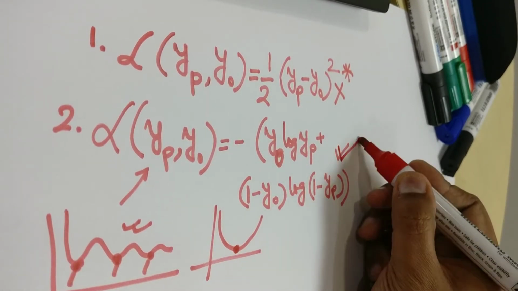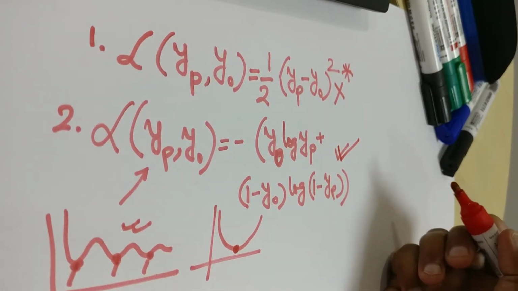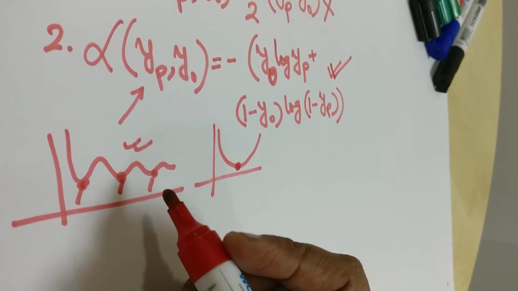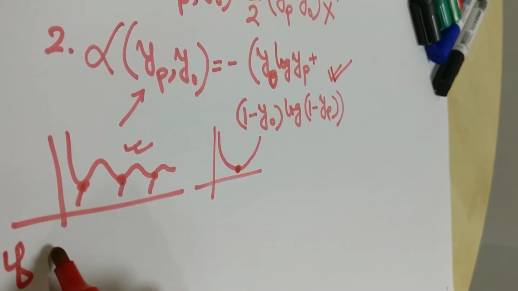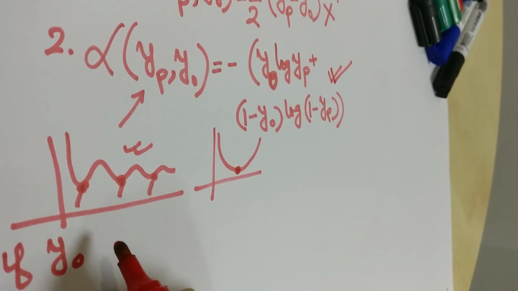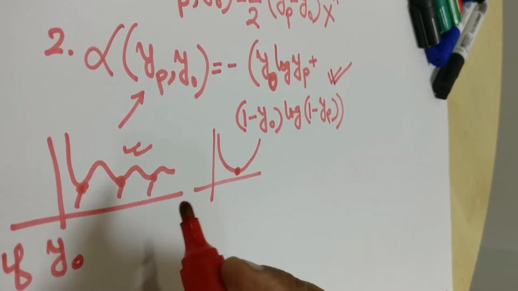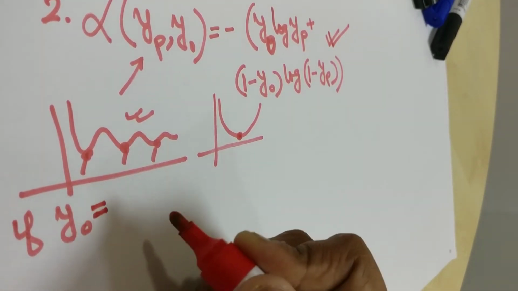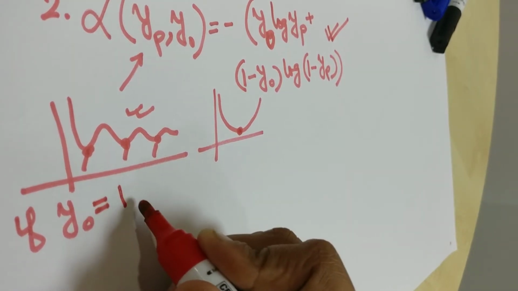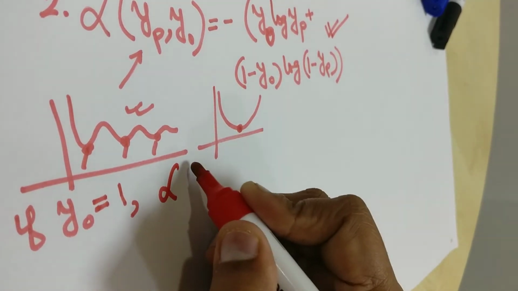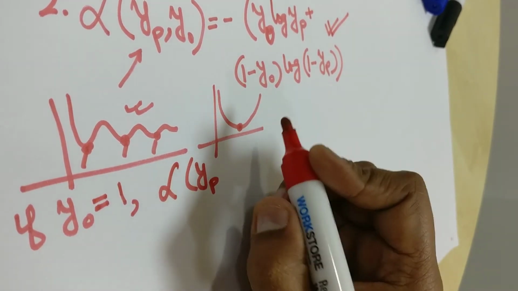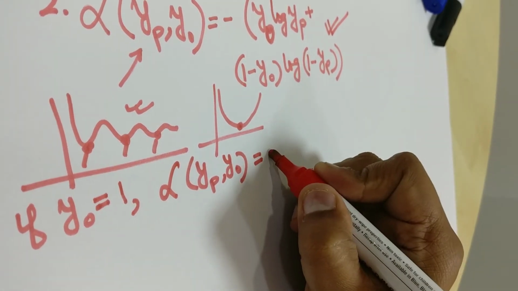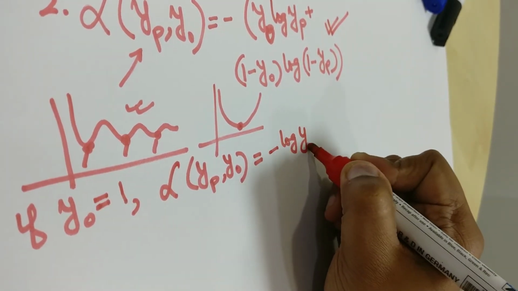So that is why, when we use this particular loss function, say for example, let me just move the camera a bit. Okay. So see, if my y naught, which is basically the y original, is 1, right, then I would expect my loss function to be equal to minus log of y predicted, right?